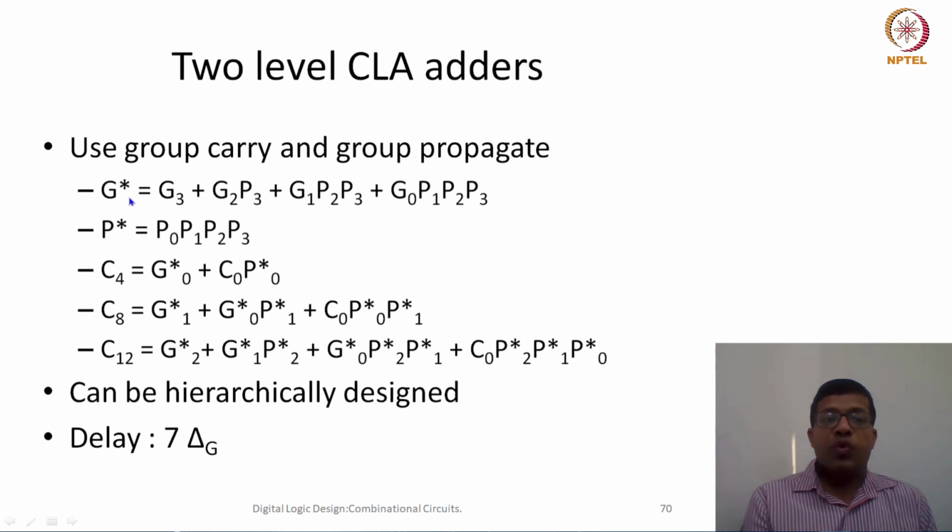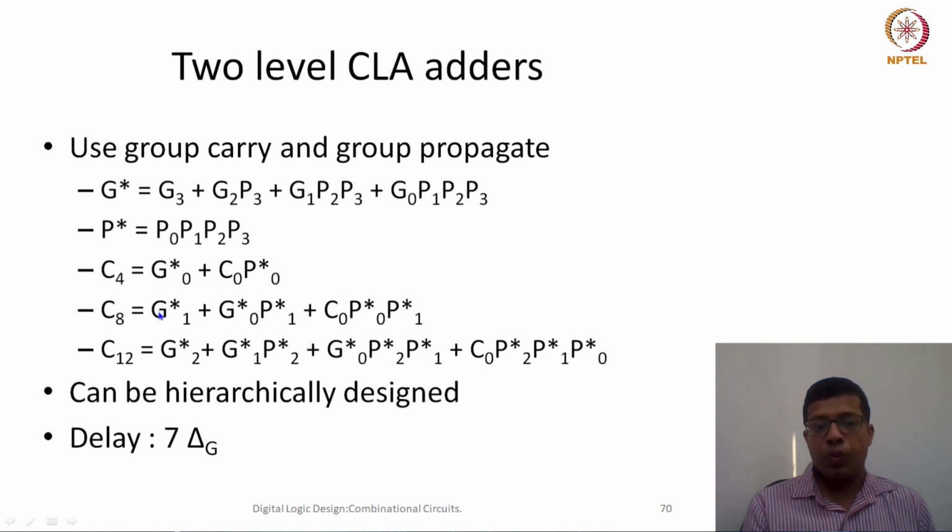So if we have this G star as a group generate and P star as the group propagate, then we can write the equation for our C4, C8, C12 and C16 accordingly. So C4 would be equal to, if the carry is group generated by group 0, or there was a C0 input and it was propagated through group 0.